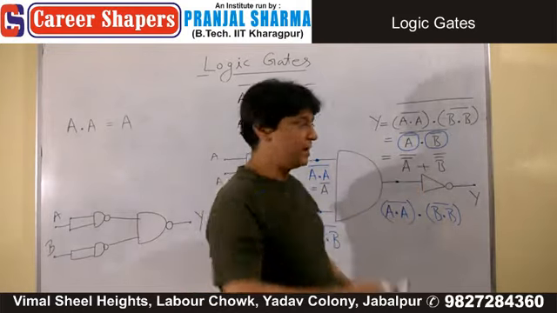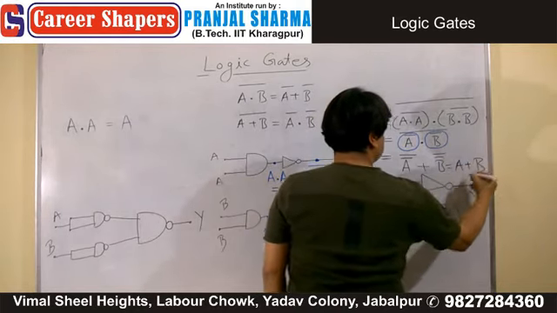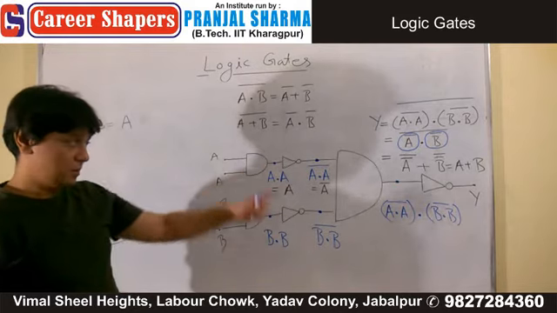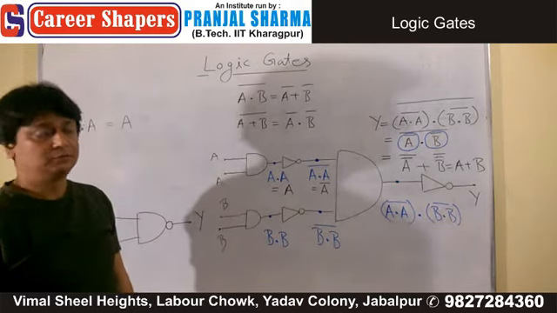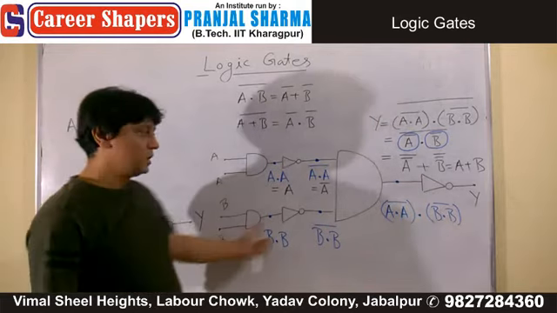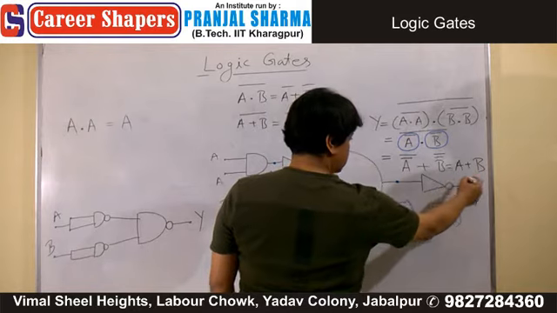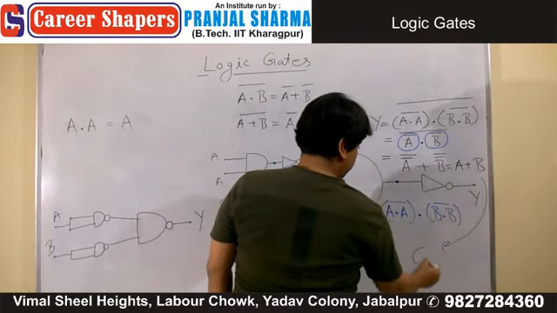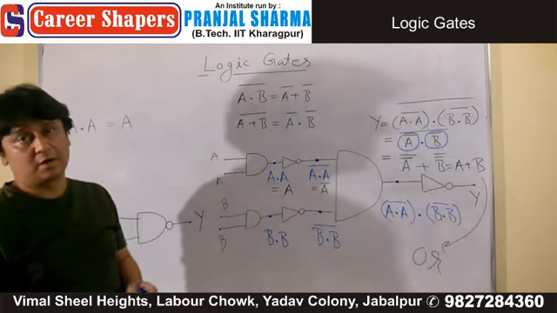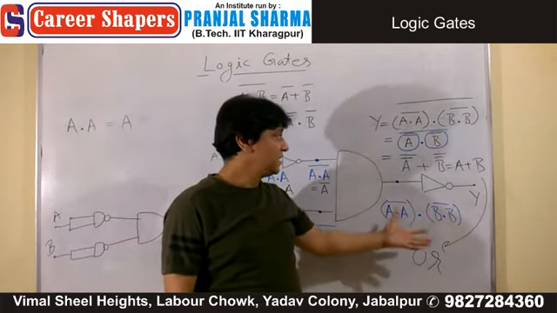A bar bar, A. So you got what? A plus B. That's your A plus B. That's the final output of this whole circuit. So what your A plus B is telling you? It is telling you that it is nothing but OR gate. And that's how you simplify these things.